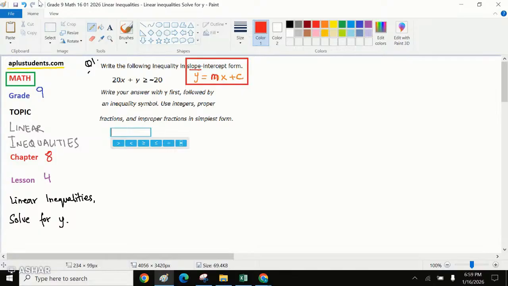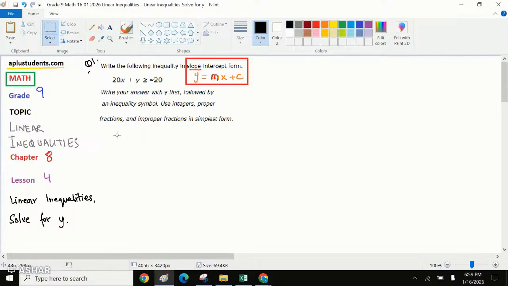So what we can do is, if 20x plus y was greater than or equal to minus 20, right? I'll rewrite that. I'll remove these symbols from here.